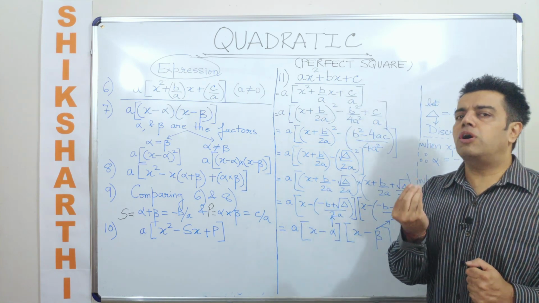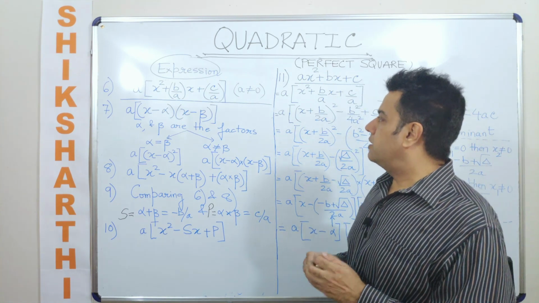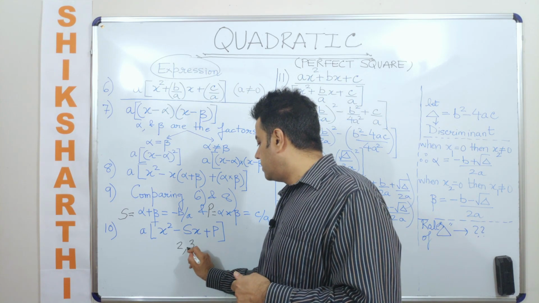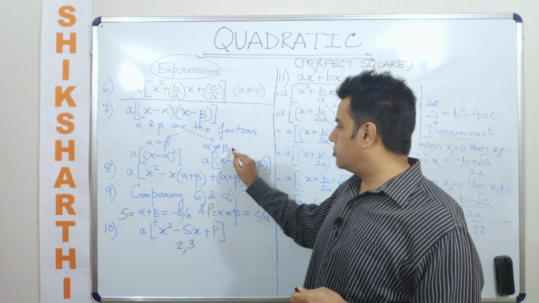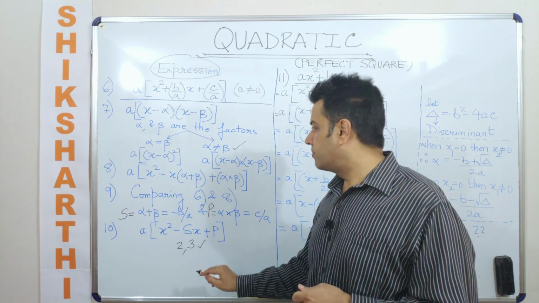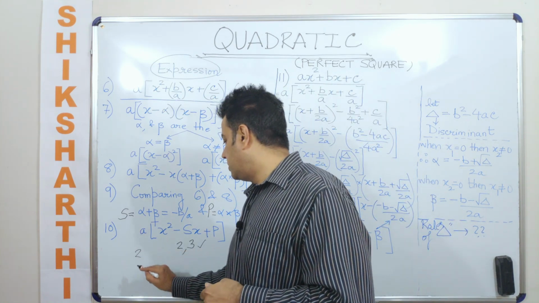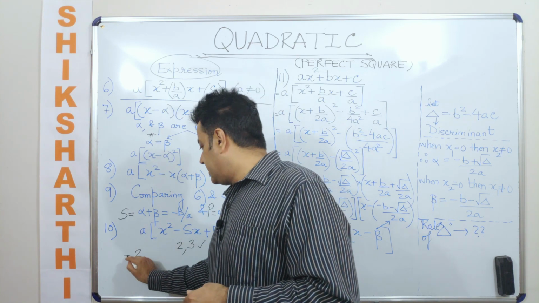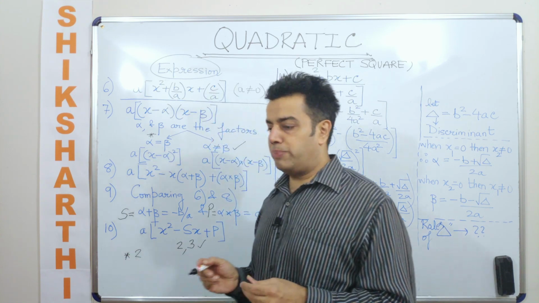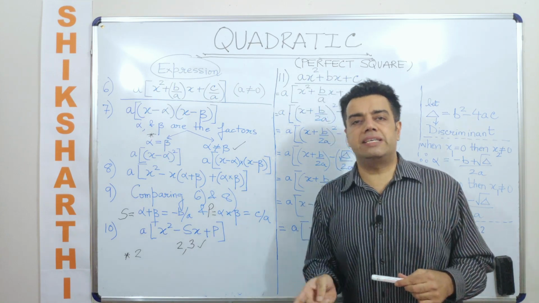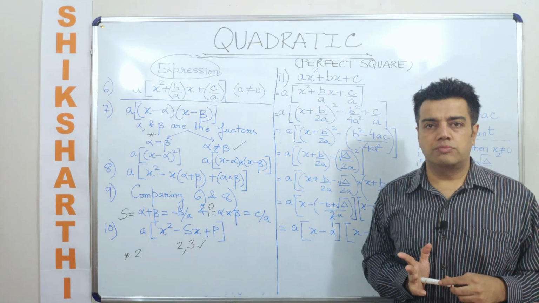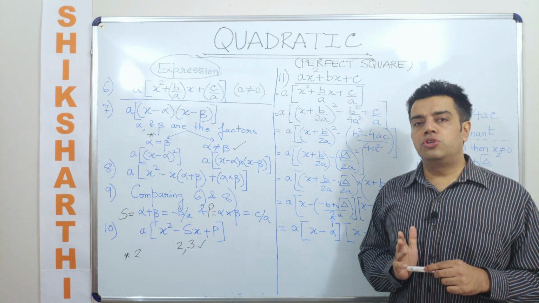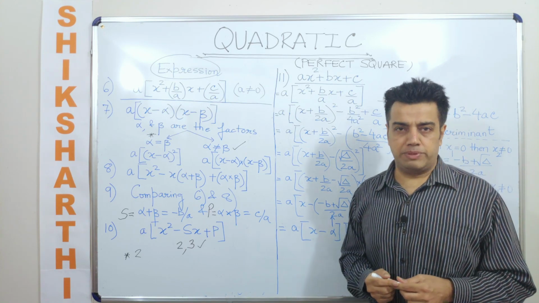I'll just take a very small example for this. Now, if somebody tells me that there is a quadratic expression having both the factors as 2, write down that quadratic expression.